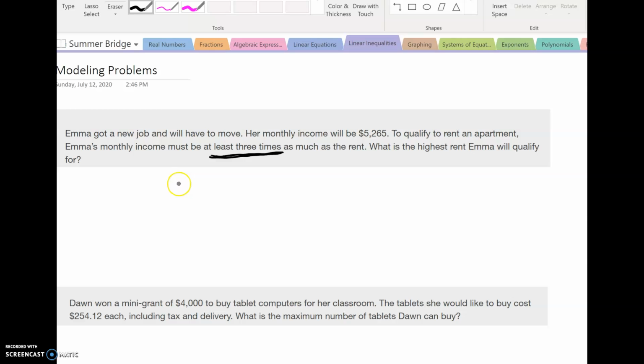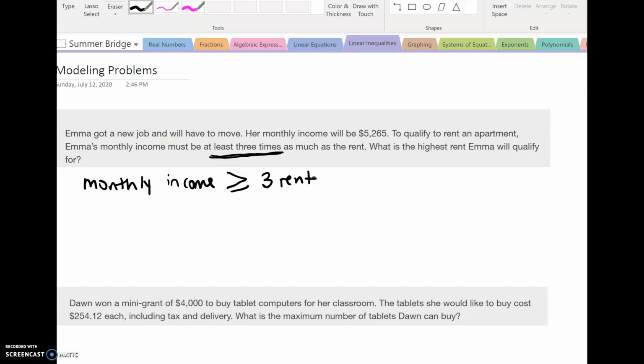So monthly income has to be greater than or equal to 3 times the rent. It could be the same as 3 times the rent, but it has to be minimum, it has to be larger.